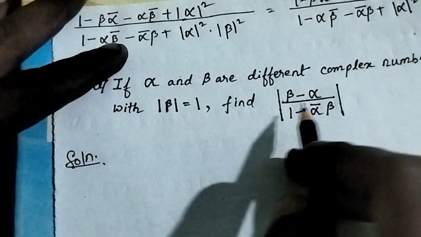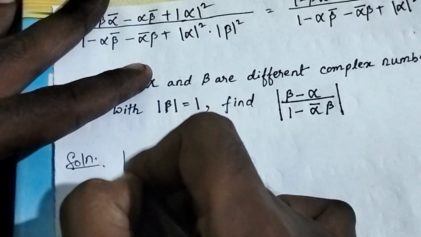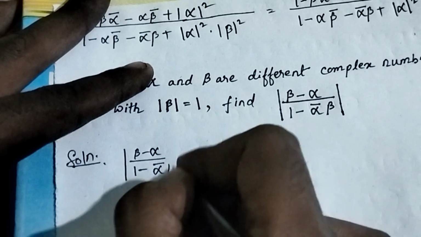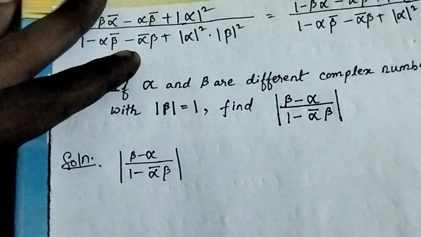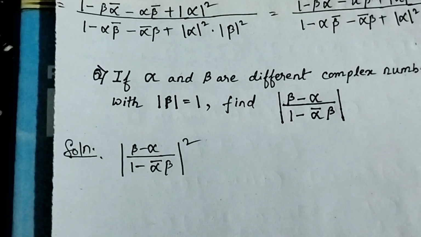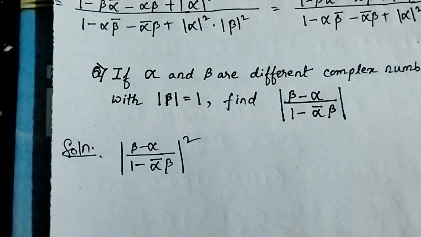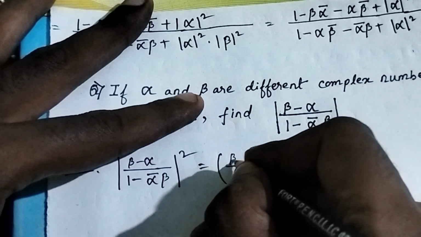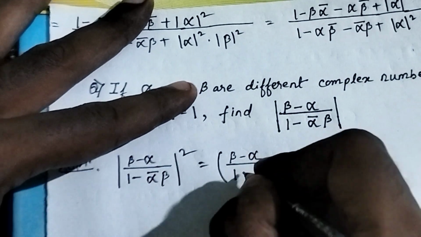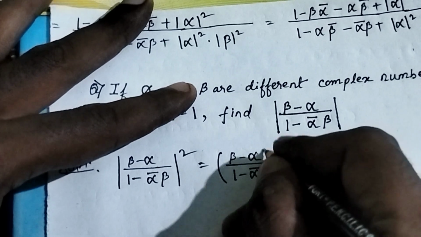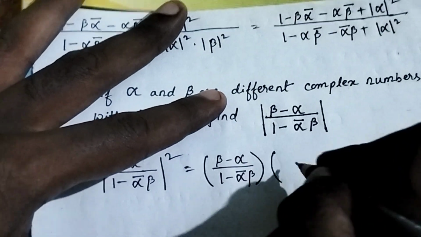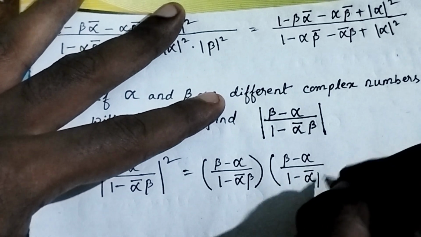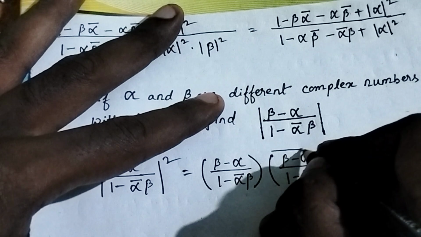So you have to find the value of this. Beta minus alpha by 1 minus alpha conjugate beta, mod of this square will be (beta minus alpha by 1 minus alpha conjugate beta) into (beta minus alpha by 1 minus alpha conjugate beta) whole conjugate.